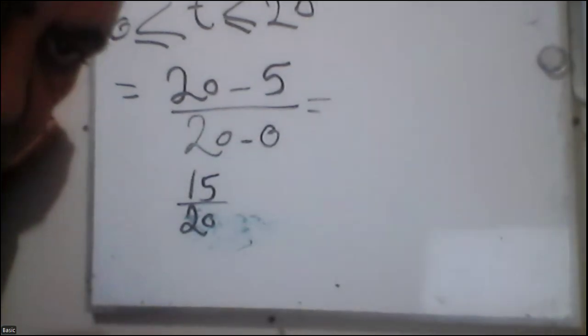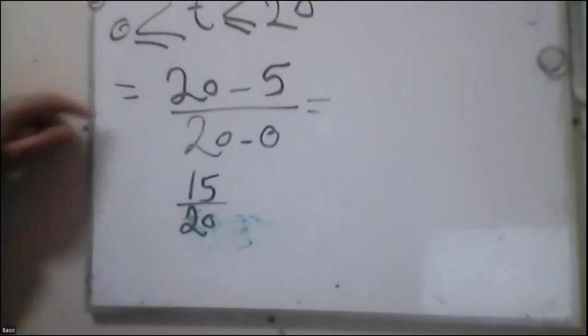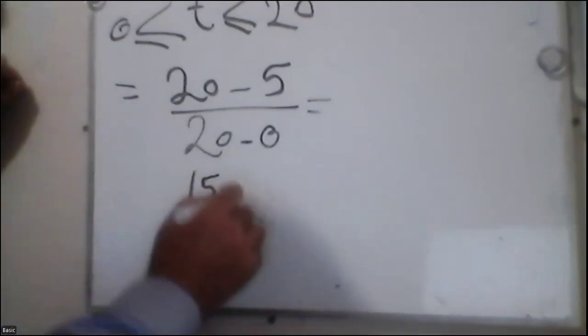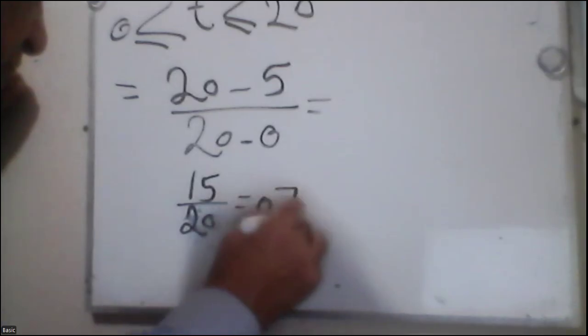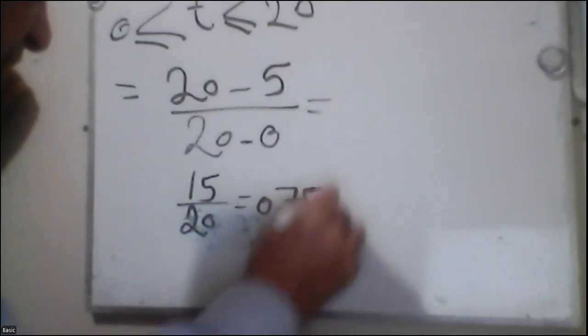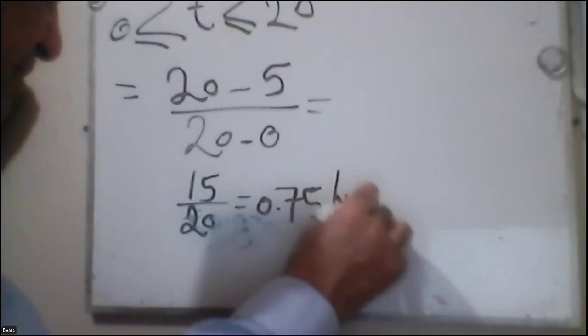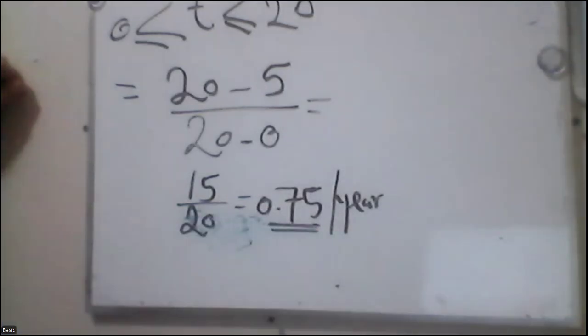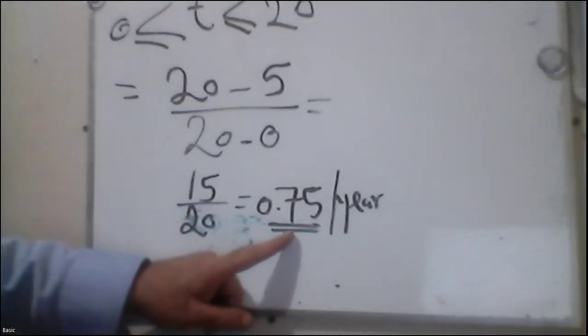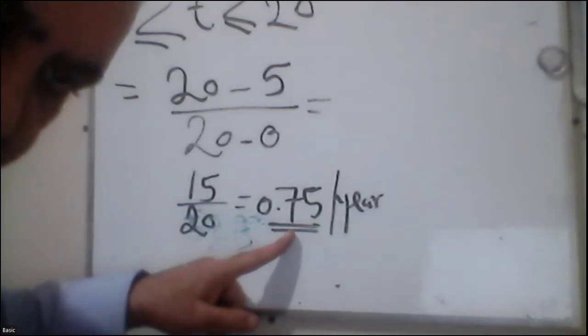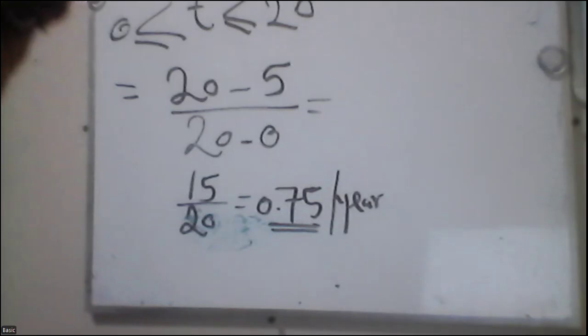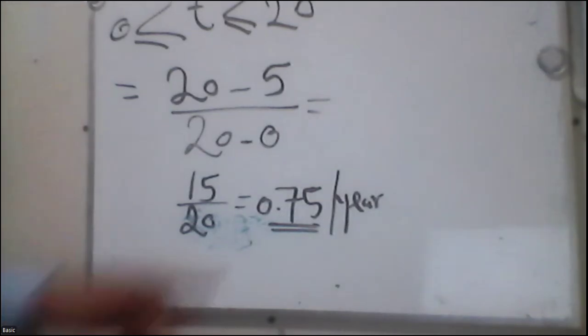That will equal 0.75 a year. So the increase in the people is around 75% for a year. Okay, guys, this is the rate of change: 75% for a year.